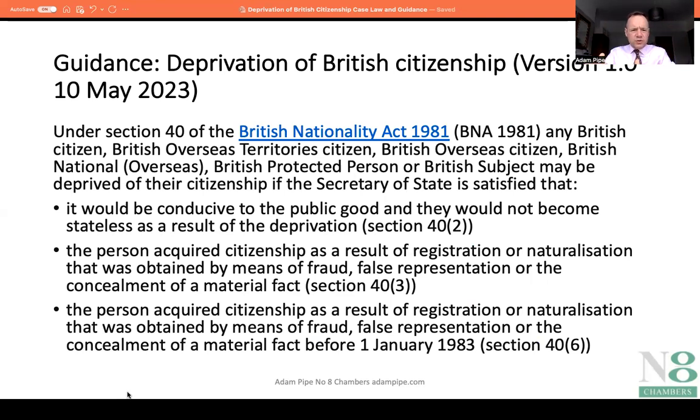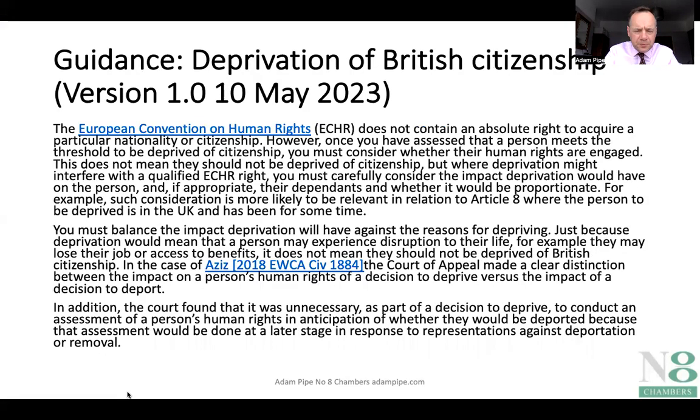So section 42, conducive to the public good and they would not become stateless. Section 43, registration or naturalization obtained by fraud, false representation or concealment of a material fact. And then 46 relates to concealment before 1st of January 1983.